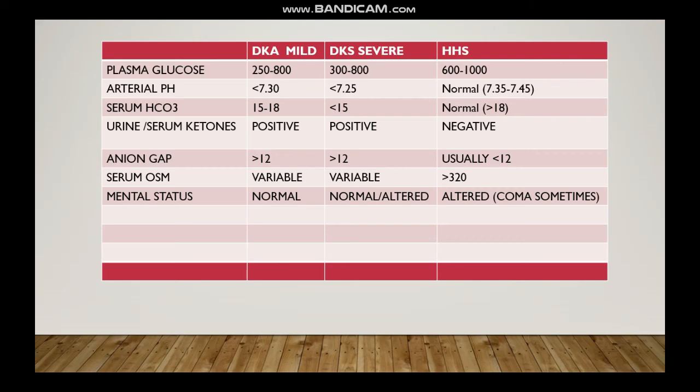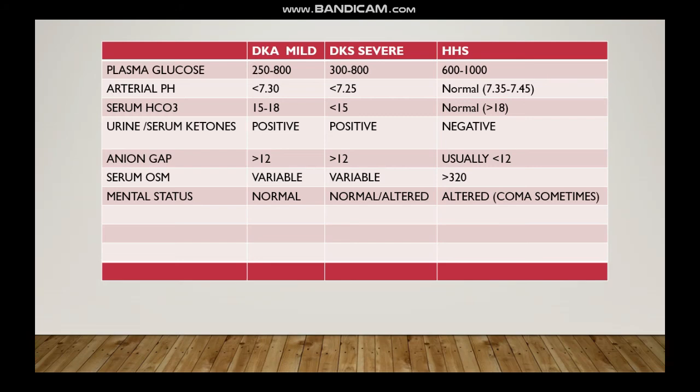For HHS it's 600 to 1000. For the arterial pH, in DKA it's acidosis: in the mild cases it's less than 7.30, in the severe cases less than 7.25, and in HHS it's normal.